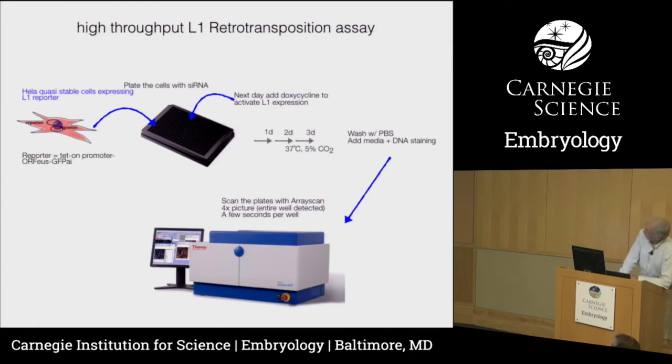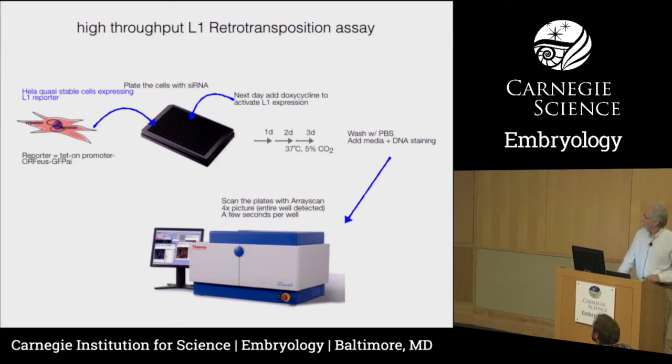So one last piece of evidence that cemented the idea that the replication fork might be a target came from a high-throughput screen that we did for siRNAs that inhibit, basically siRNA pools against every human gene, and the cells were transfected with one of these L1 GFP AI reporters.